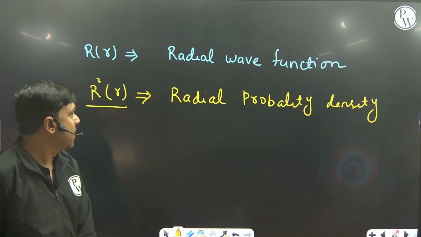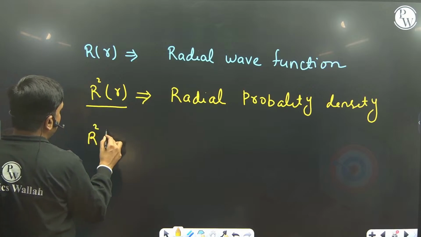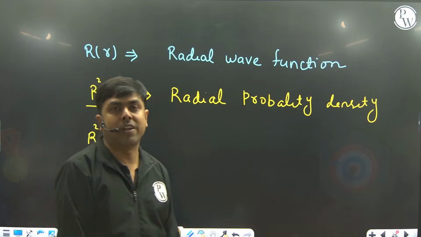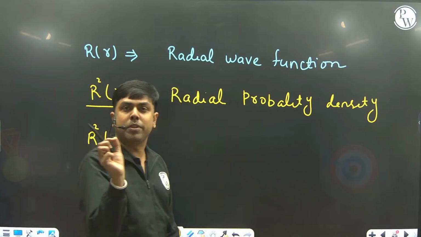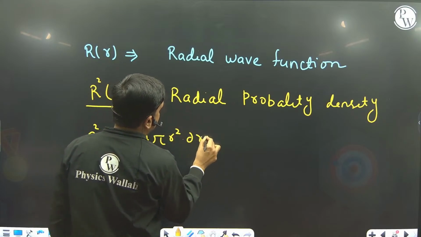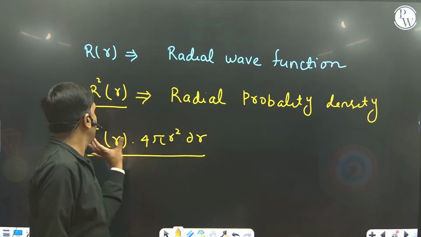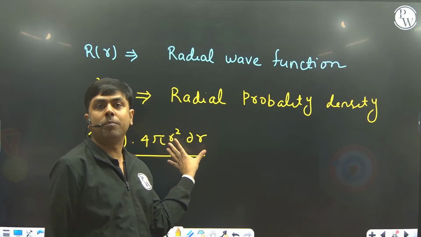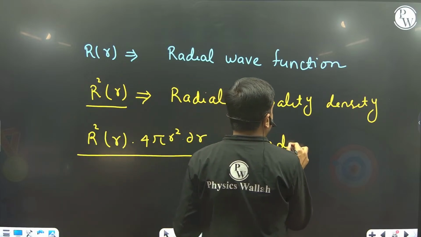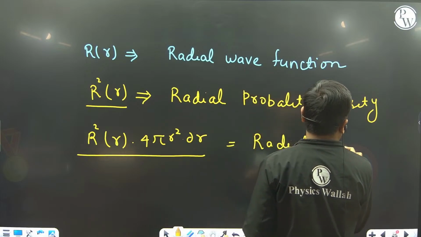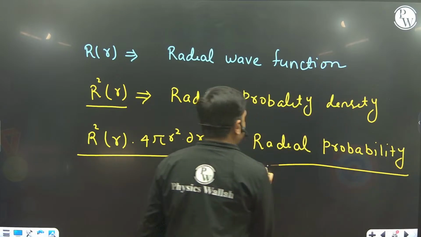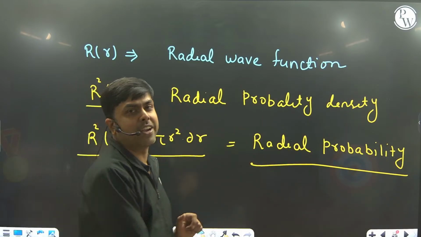Now, one more term: R square r into 4 pi r square dr, since the atom is considered spherical, so the difference between two spherical volumes will be 4 pi r square dr. Radial probability density into volume comes out as radial probability.